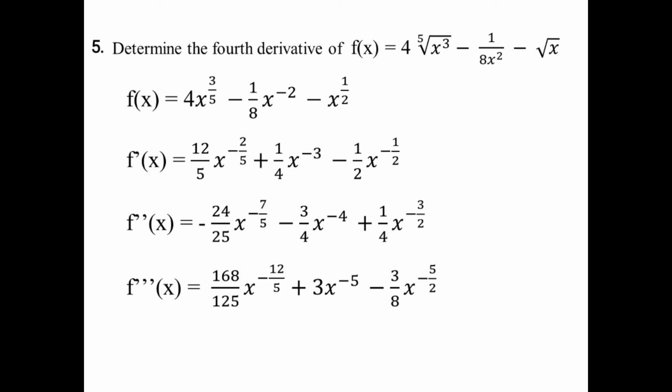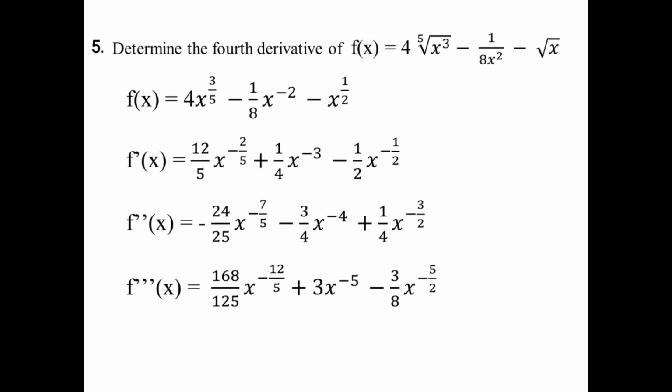Then for our last term, 1/4 x raised to negative 3/2. Multiply negative 3/2 to 1/4. Then we will have negative 3 over 8. And then negative 3/2 minus 1 will be negative 5/2.